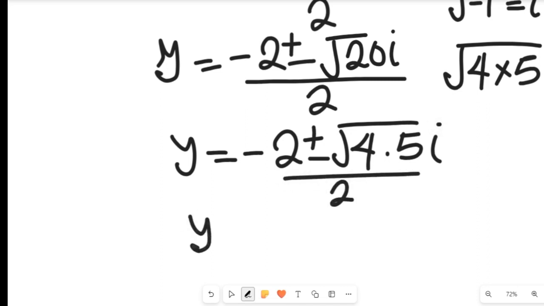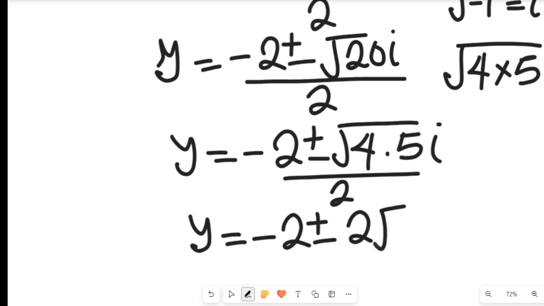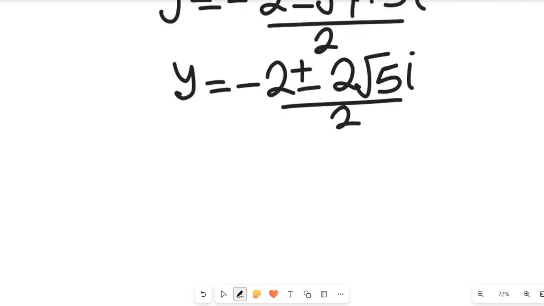And that expression will be equal to negative 2 plus or minus 2 root 5 imaginary, divided by 2.